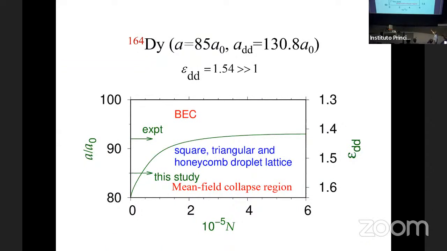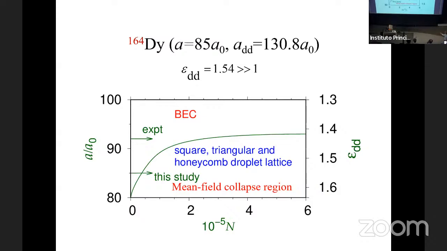If you solve the Gross-Pitaevskii equation, and this is for dysprosium, this is the scattering length, which can be varied by Feshbach resonance. And this is the experimental value of scattering length. And this is the epsilon DD, that parameter I showed. The region below this green line is the collapse region.